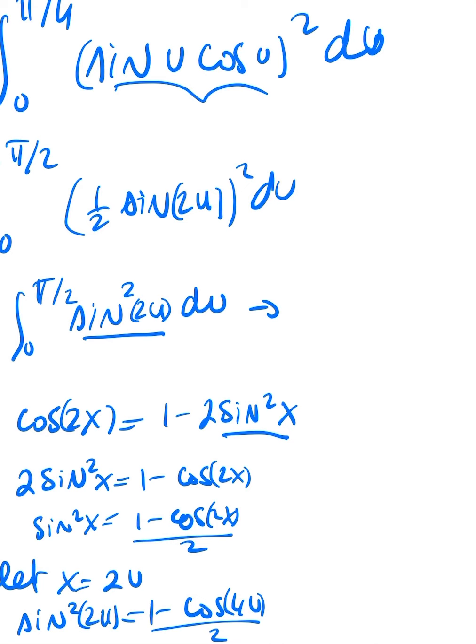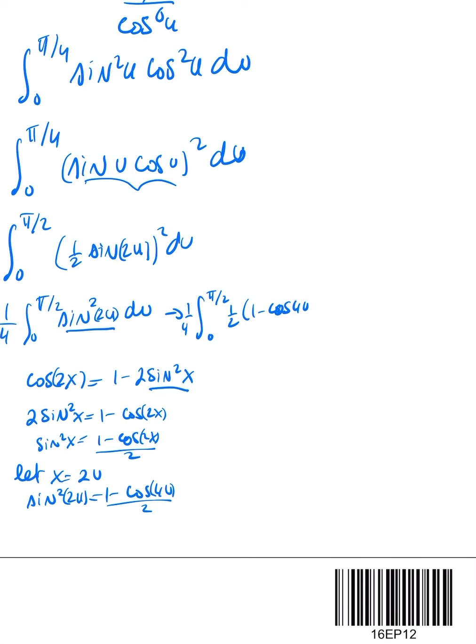Okay, so now this will allow us to go from 1 over 4, integral from 0 to pi over 4 of 1 minus cosine of 4u du over 2, which will equal 1 over 8, integral from 0 to pi over 4 of 1 minus cosine 4u du. And now I can just solve this.